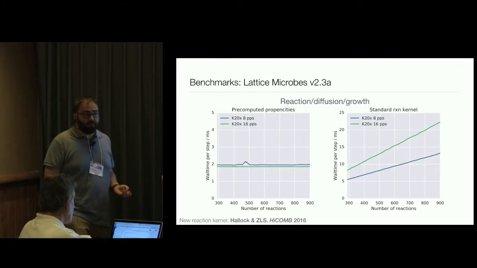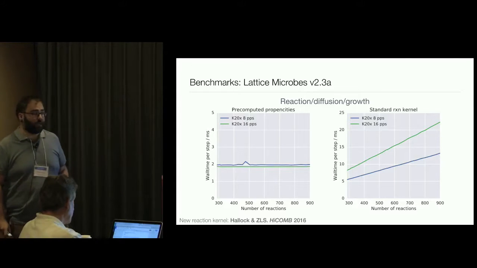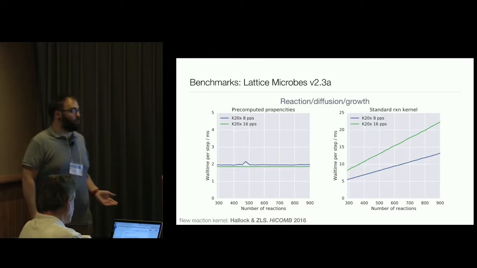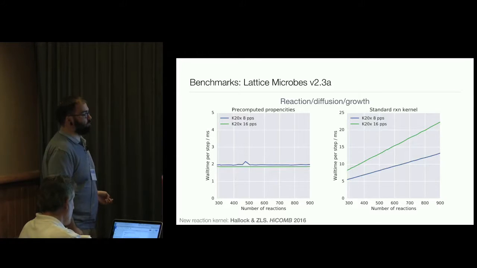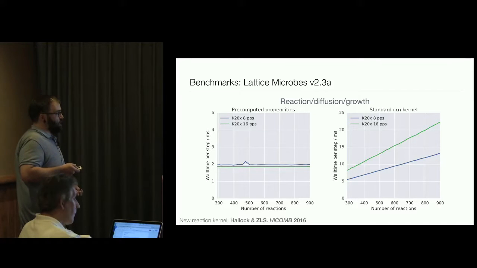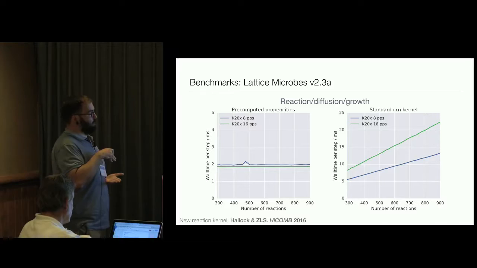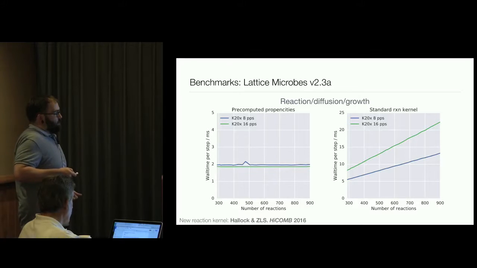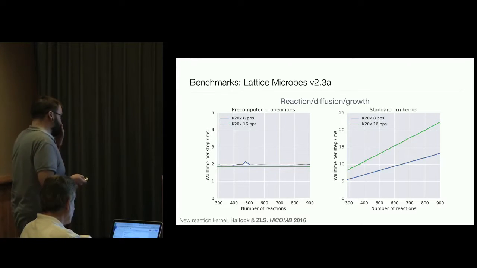The time step in our simulations is 25 microseconds, and we want to simulate 2 hours, so that's a lot of time to simulate an entire cell cycle. So he came up with a different reaction computation technique where it only loops over the particles that are available in each lattice site. Doing that, we cut it down to about 2 milliseconds on Blue Waters.